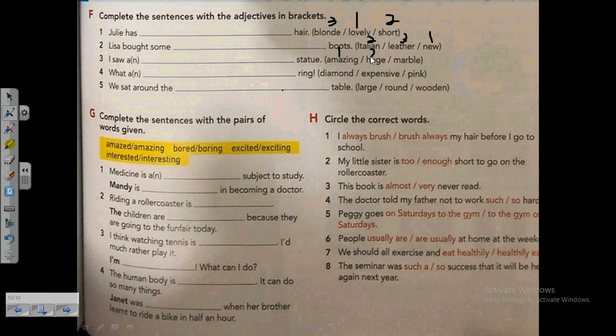Then the last one is marble. Number 4, with my opinion, which is expensive, then the color, which is pink, then diamond, which is material.